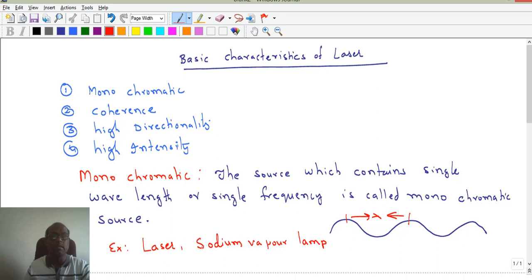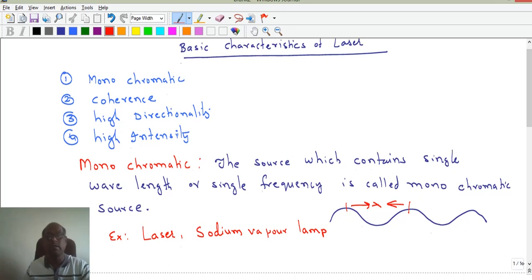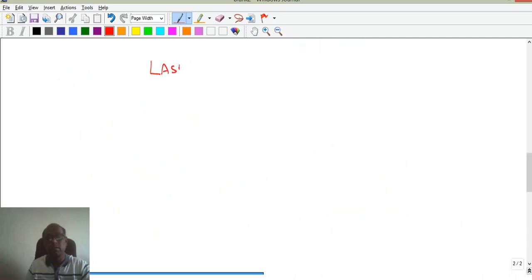Now let us compare the monochromatic nature of sodium. This is our laser source, and we are comparing this with our sodium vapor lamp.